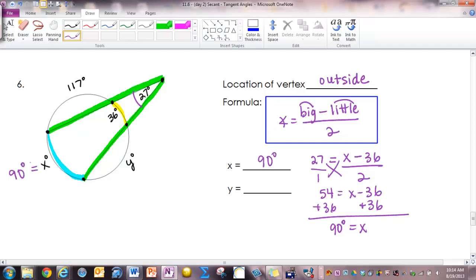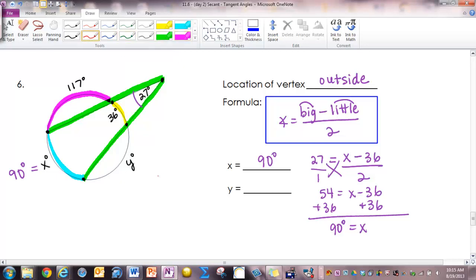Now this problem also asks us to find y. In order to find y, we notice that it's given that this arc right here is 117 degrees. So if we take the blue arc, the purple arc, the yellow arc, and the arc that says y, those arcs together will add up to 360 degrees because it's a whole circle.